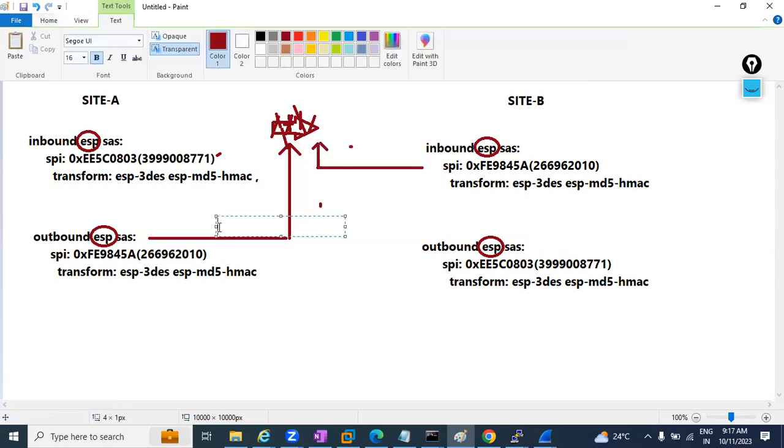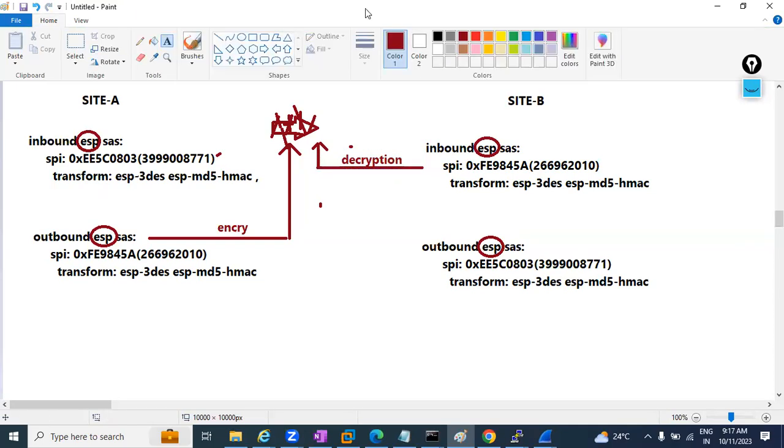So here, what happened? Encryption. And here, what happened? Decryption. For the other side, let's consider the other side is sending some data. So this would be encrypted with the help of its outbound. This is my outbound SPI.